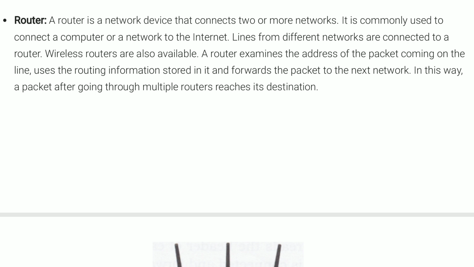It also connects two or more networks. It is commonly used to connect the computer to a network or the internet.